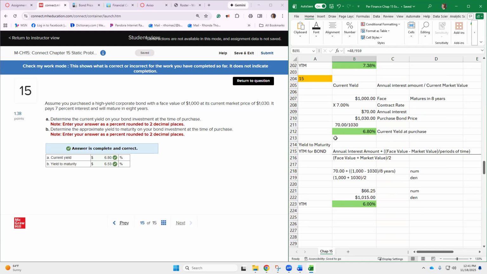So if you buy a bond at a premium, the current yield should be bigger than the yield to maturity.